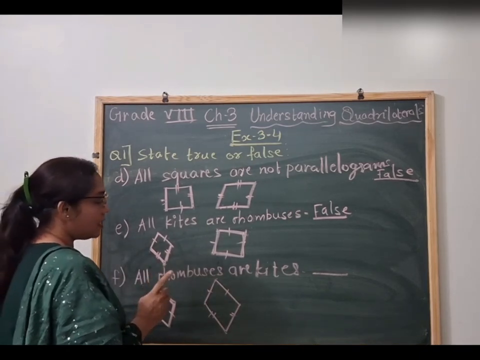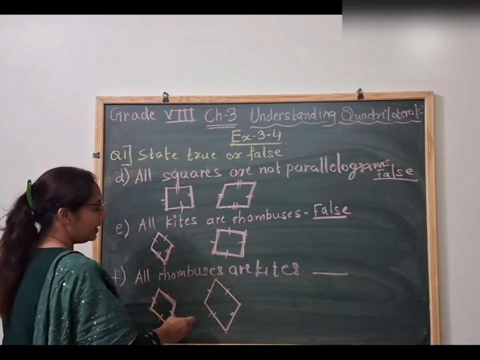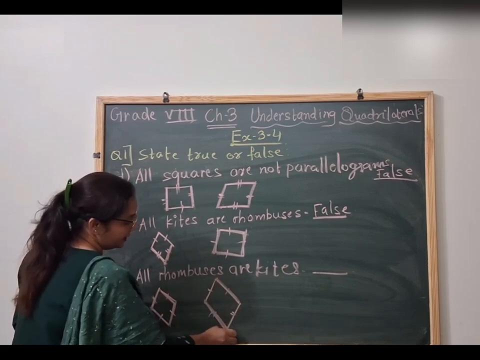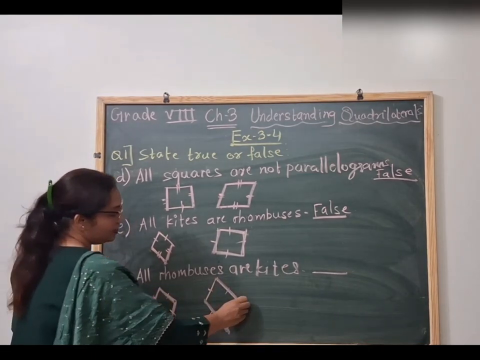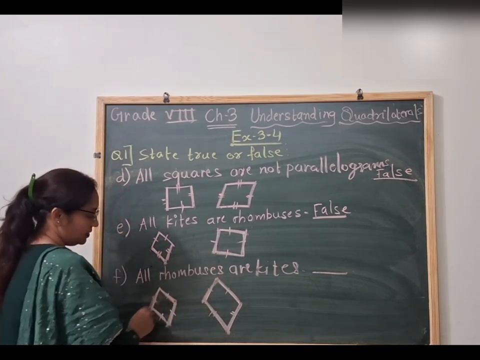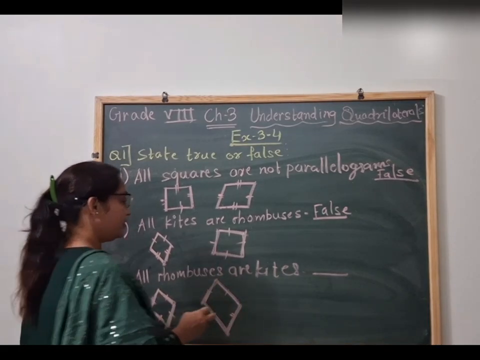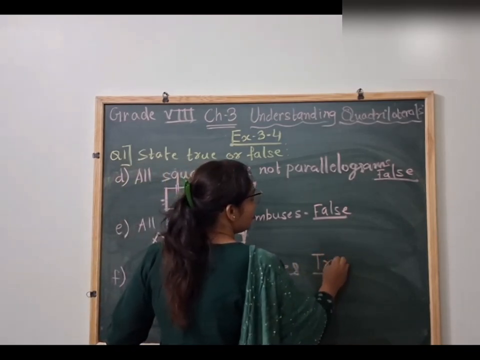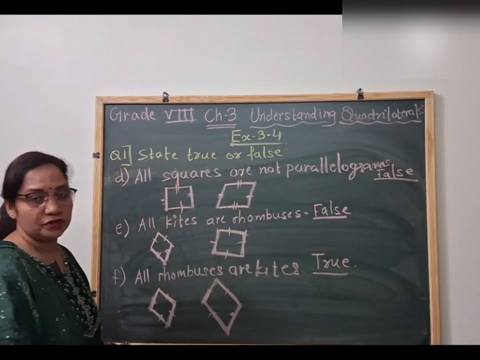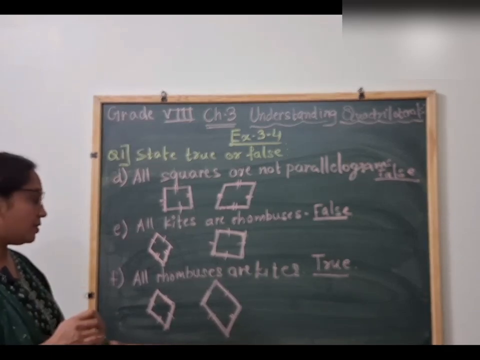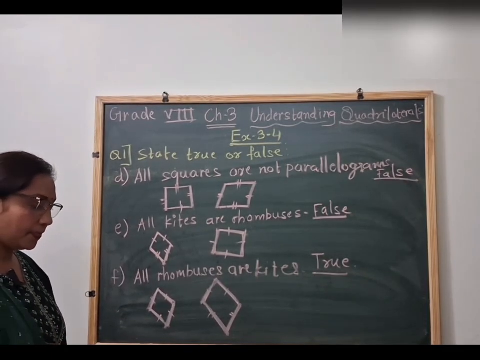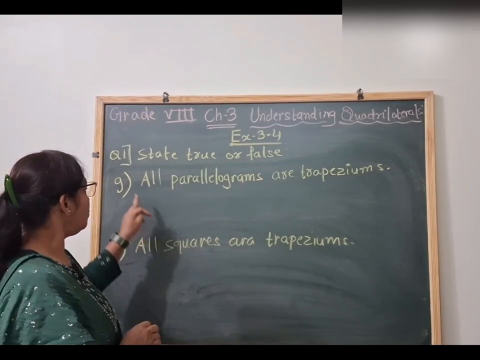Okay, and apart of that, we can say that here opposite sides are parallel. Here also opposite sides are parallel. Yes. So here the statement will be true. You may find it little confusing, students. Okay. So be particular about the question.